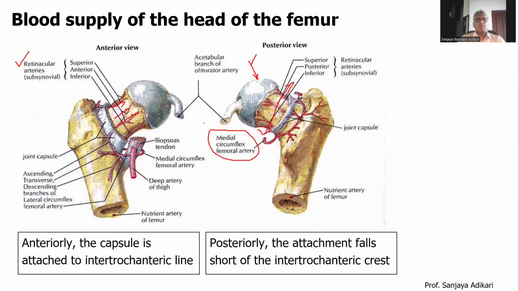In children, there is actually an alternative blood supply through the ligament of the head of the femur, through the obturator artery.